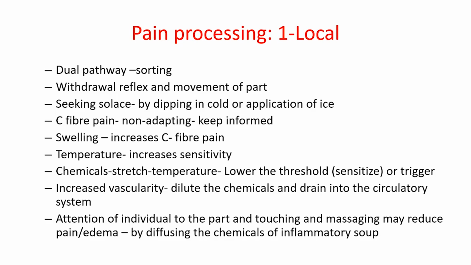And these chemicals are drained into the circulatory system if it is open. If it is not open, there will be an accumulation of these chemicals, and this accumulation of the chemicals will continue to activate the nociceptors and produce a sort of a throbbing, dull pain, which happens in case of a pus or a carbuncle, where it is capsulated.